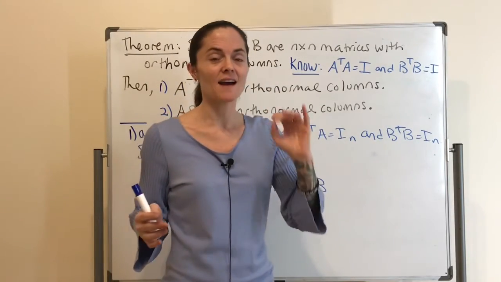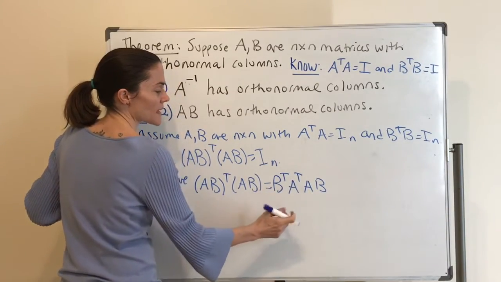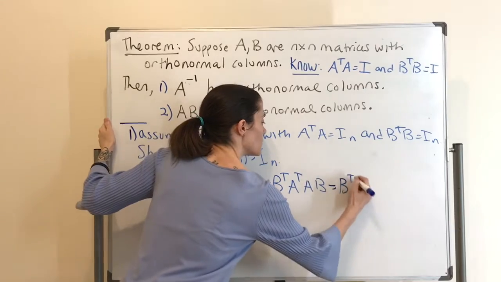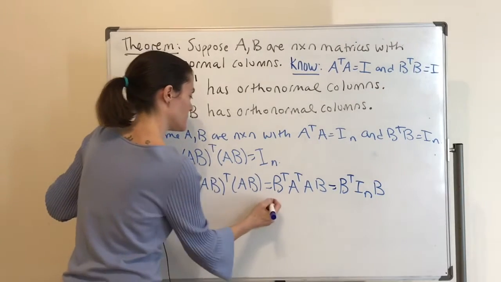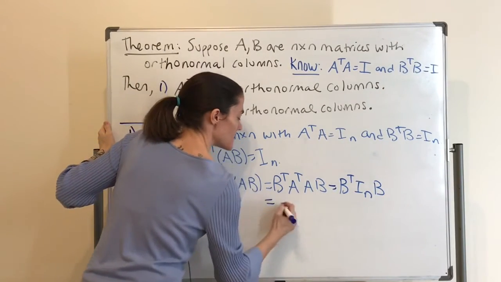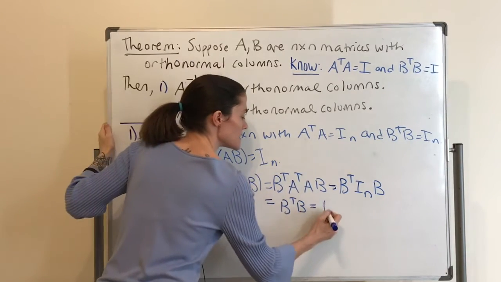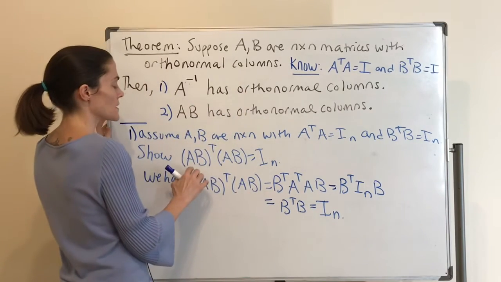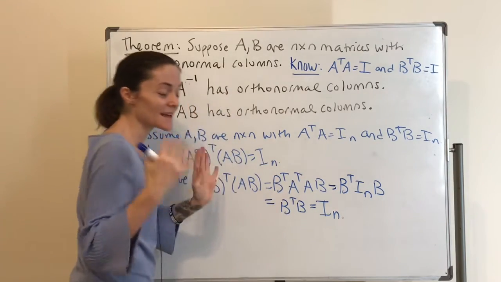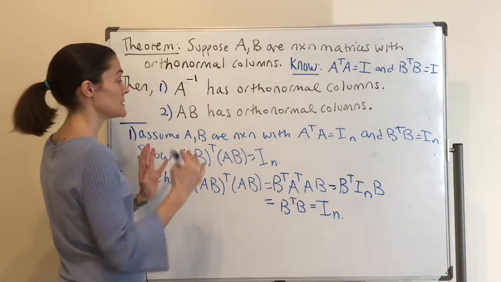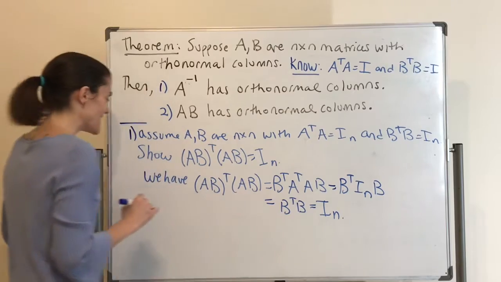It's the associativity of matrix multiplication, which means I can multiply first A transpose A on the inside, and I get the n by n identity. And then, identity times anything is just itself. So now I have B transpose B, but again, this is the identity. So what we showed is that this product, A times B, satisfies this, and by the if and only if theorem we just discussed, this also must have orthonormal columns. Okay. Uh-oh, this was number 2.